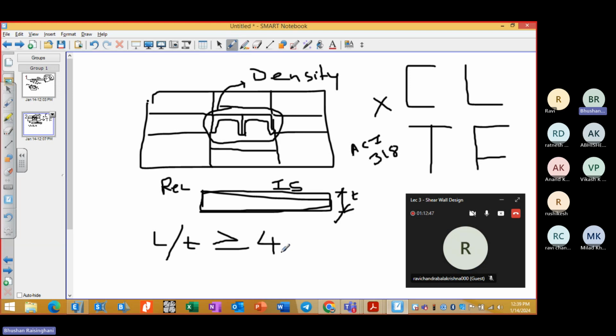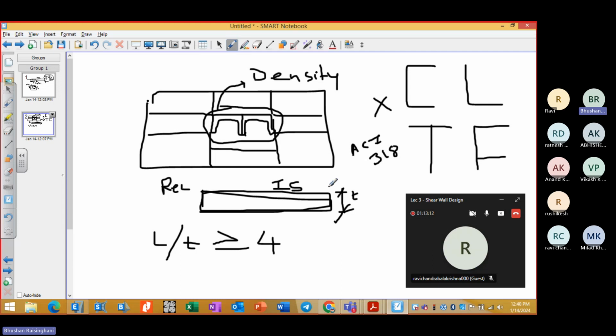So what does it mean basically? If it is not greater than or equal to 4, then your thickness is more and your length is lesser. So thickness increases, the denominator increases, then it will reduce below the value of 4. So the width is increasing, and in that case it will become a column.